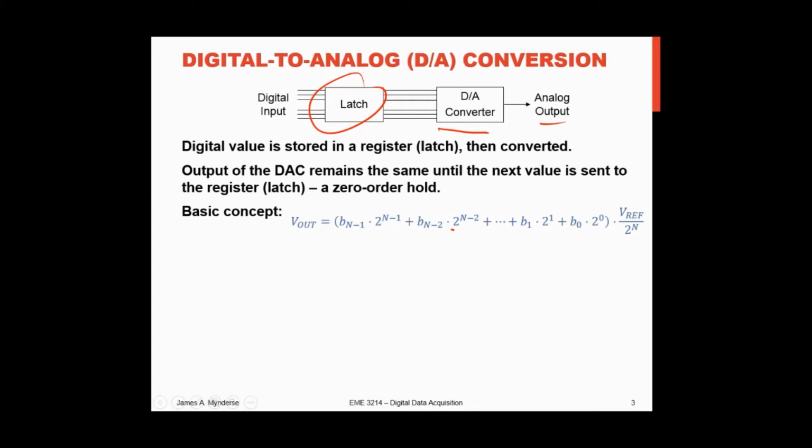So if we have, let's just say, an 8-bit converter, this is bit 0, and this is bit 7, and then that whole thing is multiplied by the reference voltage we supply to the D to A converter divided by 2 to the n, which is the total number of steps, okay? So we get an output between 0 and Vref in steps of size 1 over 2 to the n.